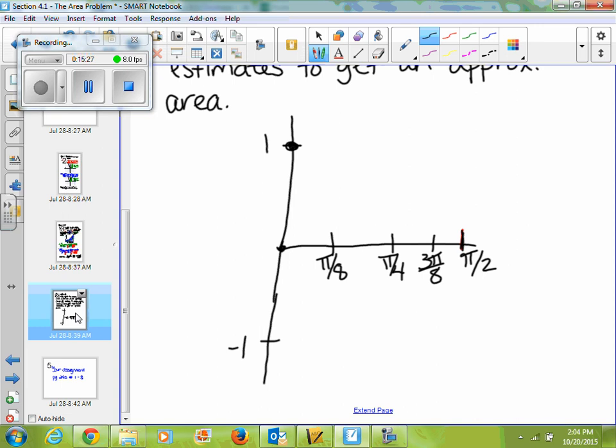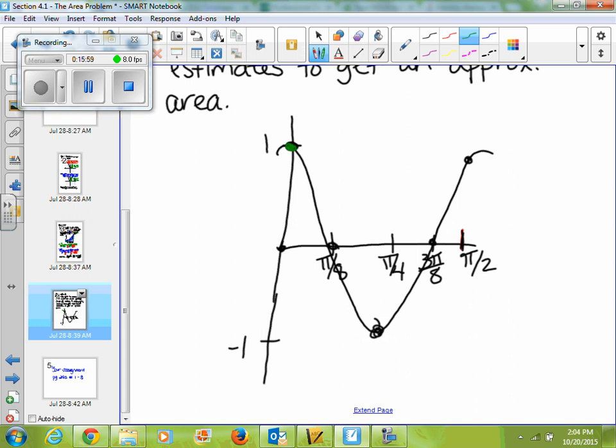Okay, well, if we know what our cosine graph does, we know that our graph goes down, down, up, up. So there's my graph. So now if I want to find my lower estimates, I use my furthest left point, and I'm going to make rectangles.